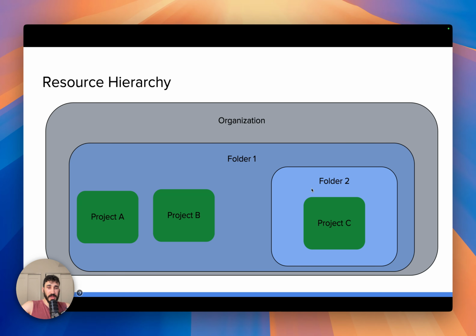And so you put these in a structure that represents the structure of your organization. Google wants you to know that in GCP, you can use a combination of folders and projects to organize your resources, and these would all be under the umbrella of a GCP organization, which you establish.